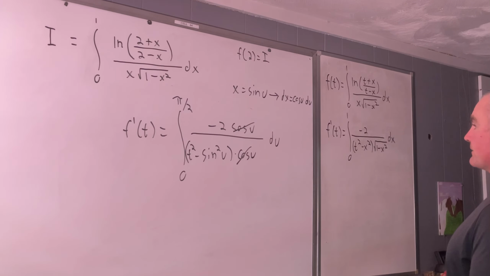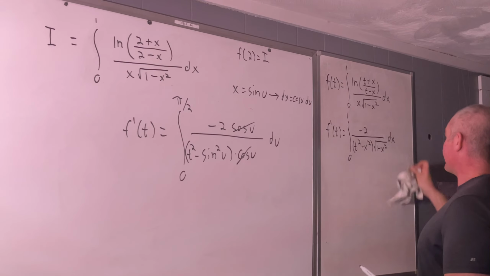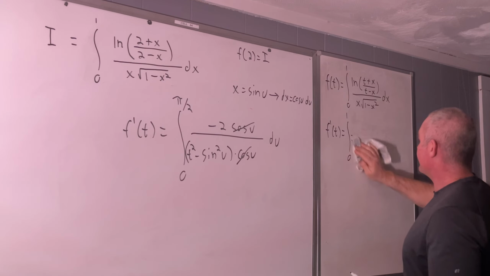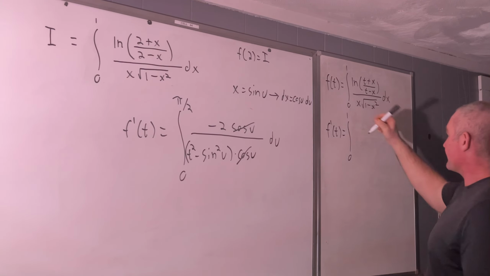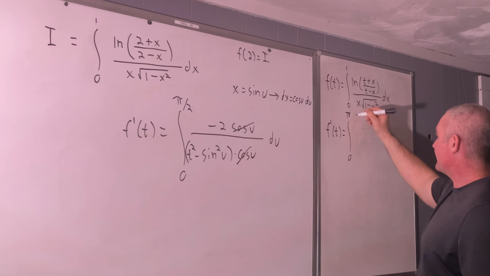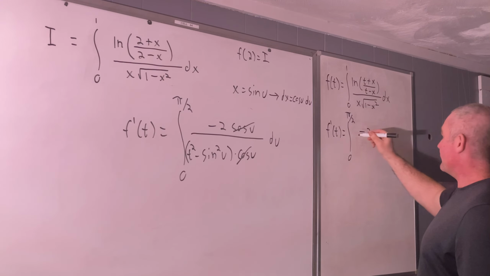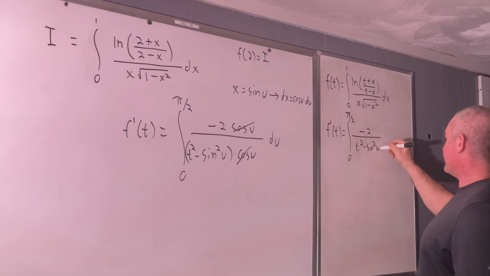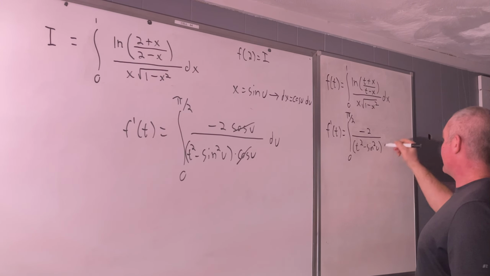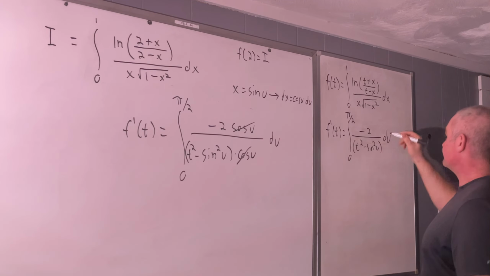Okay, so now we have a new expression for f prime of t. Now we have the integral going from 0 to pi over 2 of negative 2 over t squared minus sine squared u du. All right.